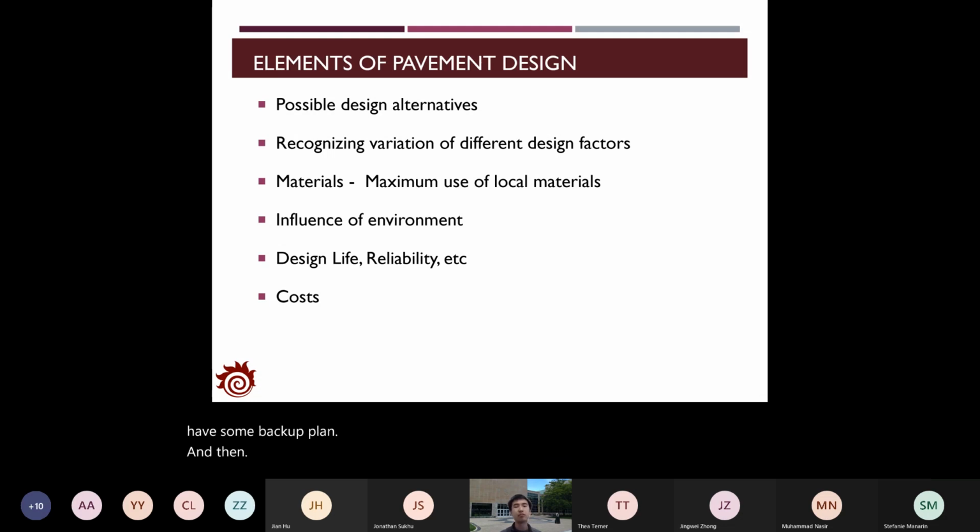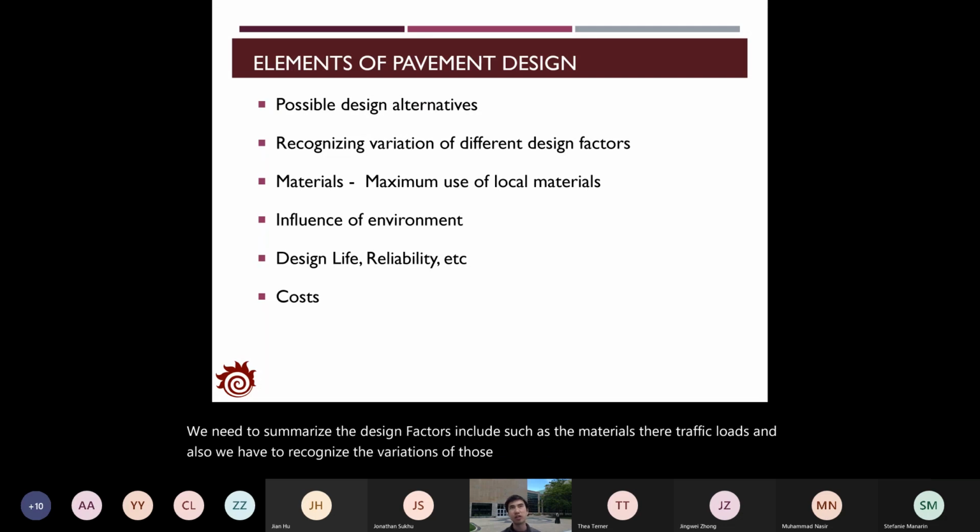And then we need to summarize the design factors, such as the materials and the traffic loads, and also recognize the variations of those factors. For example, the material properties actually vary at different times of the year. So this kind of variation should be considered in the design.